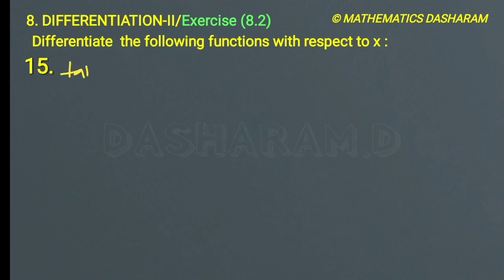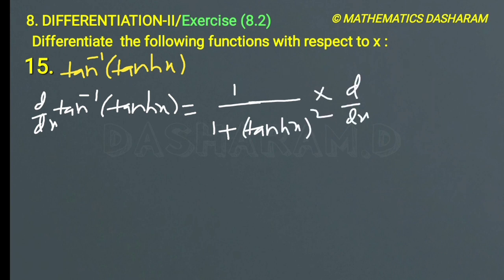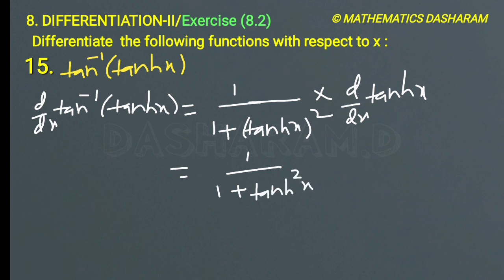15th one, tan inverse of tan hx. So derivative of tan inverse of tan hx. First of all, apply the derivative of tan inverse x formula. So that is 1 by 1 plus x square. So tan hx whole square. Next, do the derivative of another function, that is tan hx. So it is equal to 1 by 1 plus, here tan h square x, into derivative of tan hx, which is sec h square x.